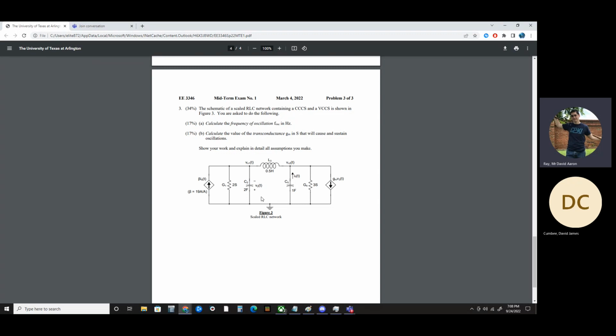Then you'll solve for omega, or for F oscillation, in one of the equations, and then use that F oscillation value to solve for your transconductance GM.